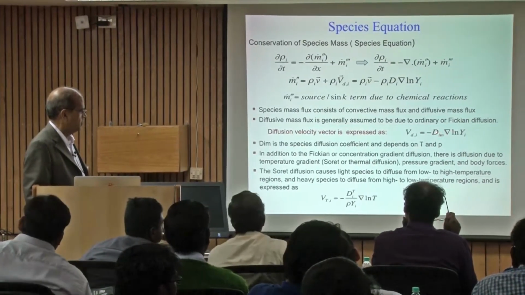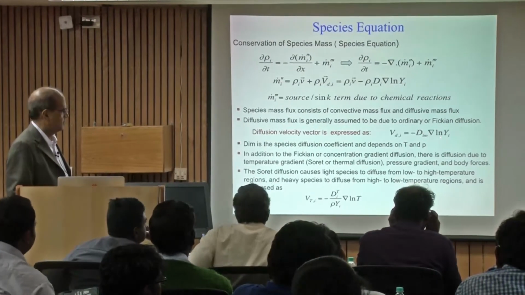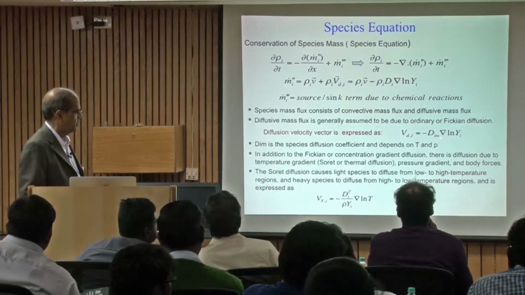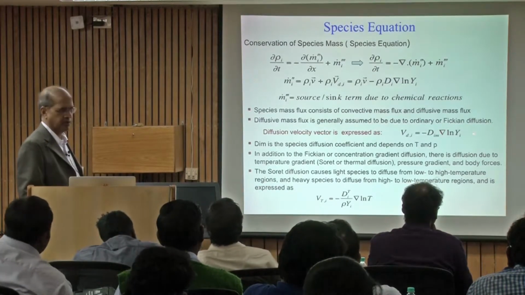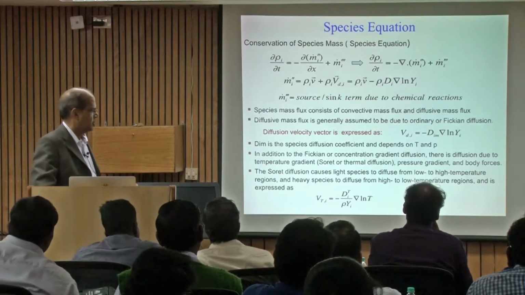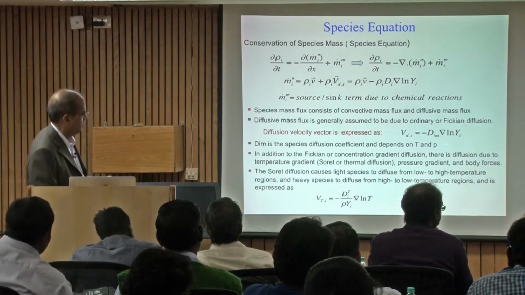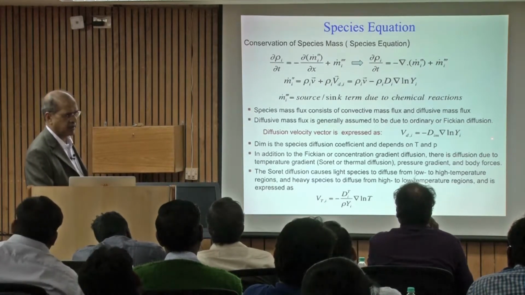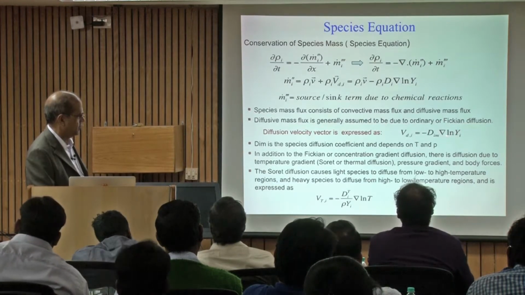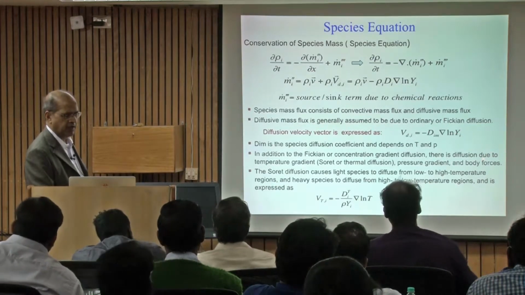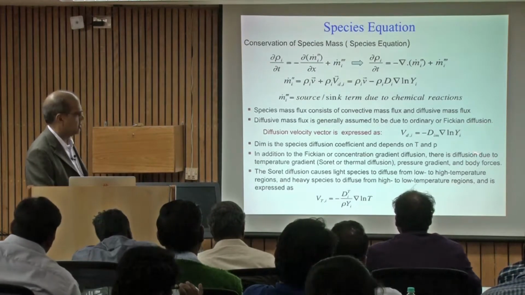This is the diffusivity of species i with respect to the mixture, and this is the gradient, because Y_i is not a vector, it is a scalar, but it is a log of Y_i. So when you do this, it will be 1 over Y_i times the gradient.